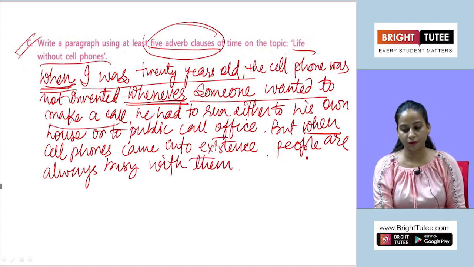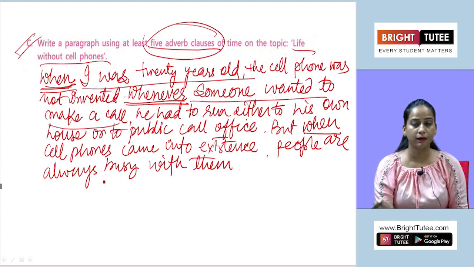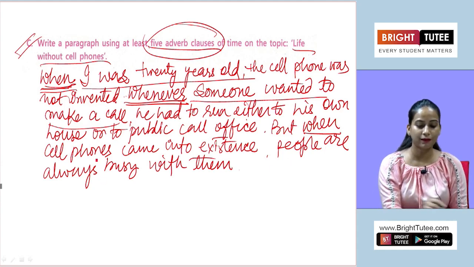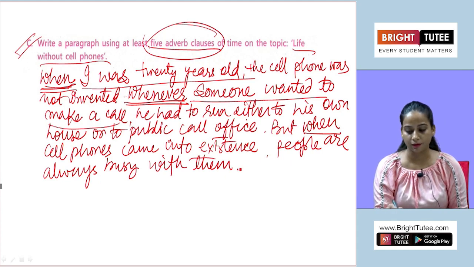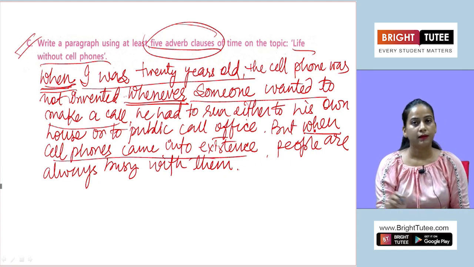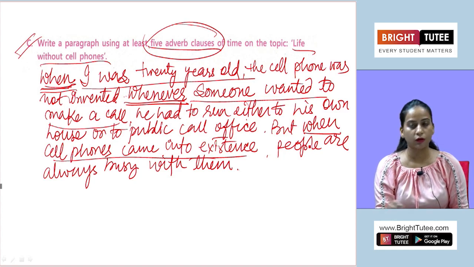So here we are getting the answer why people are always busy with them, when cell phones came into existence. So that was the adverb clause of time we have used along with the main clause.